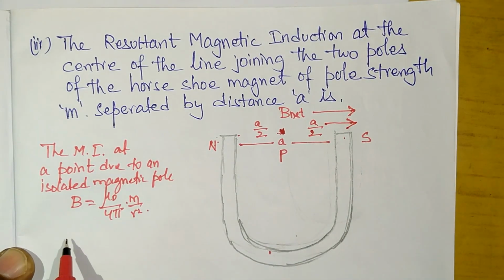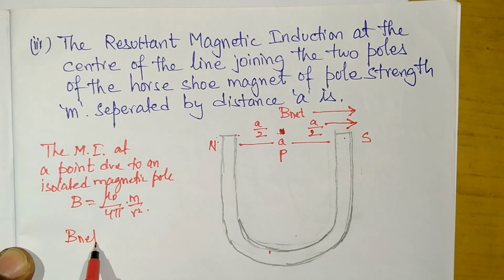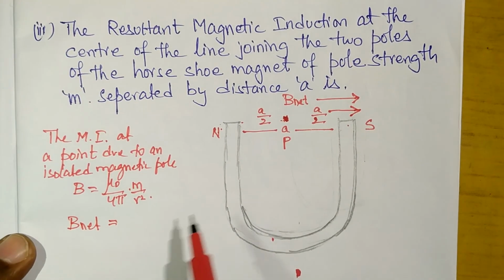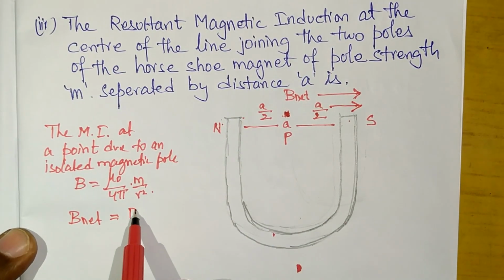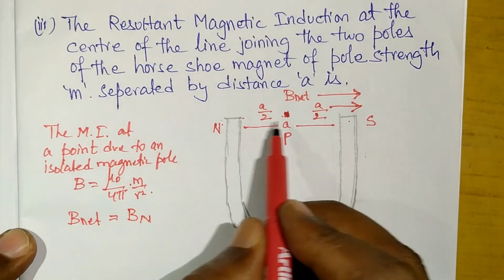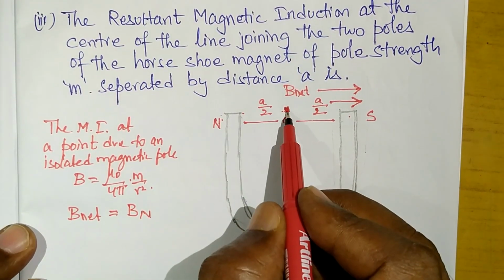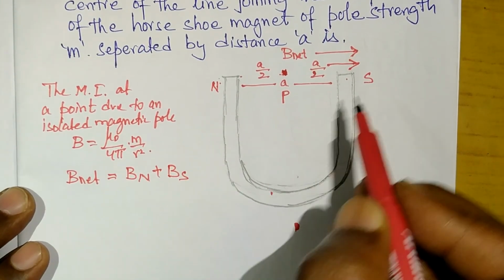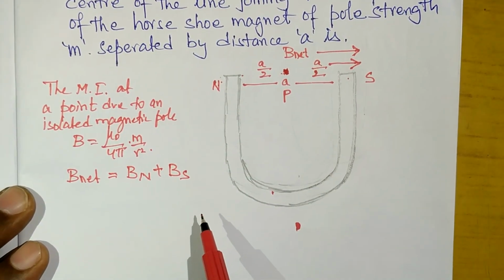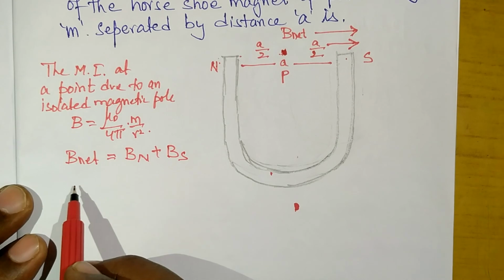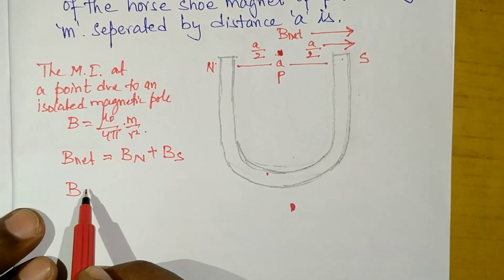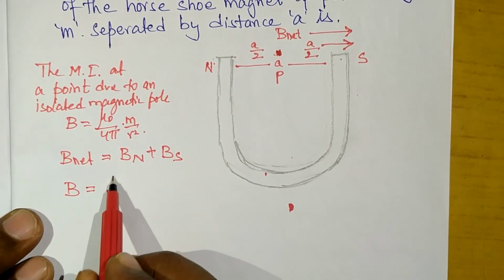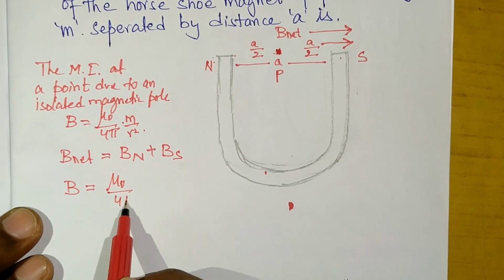Therefore, the net magnetic induction at that point will be the sum of the magnetic induction due to the north pole plus the magnetic induction due to the south pole. B is equal to mu naught by 4 pi.